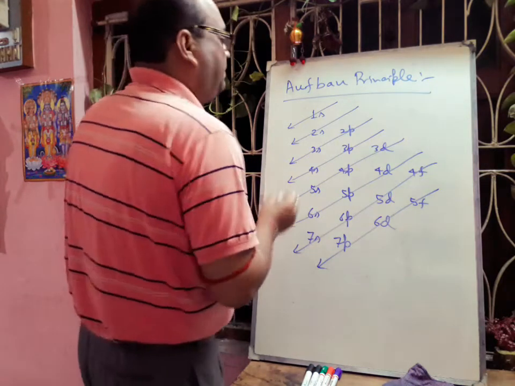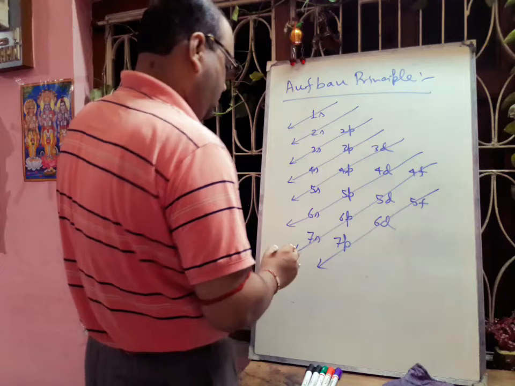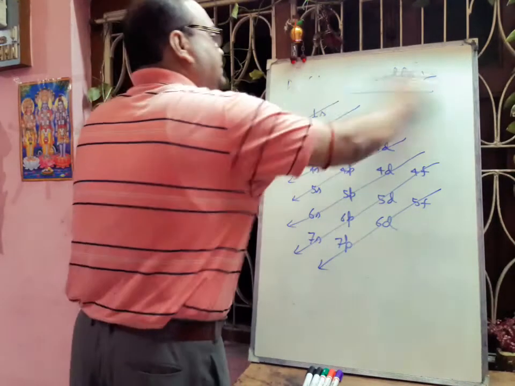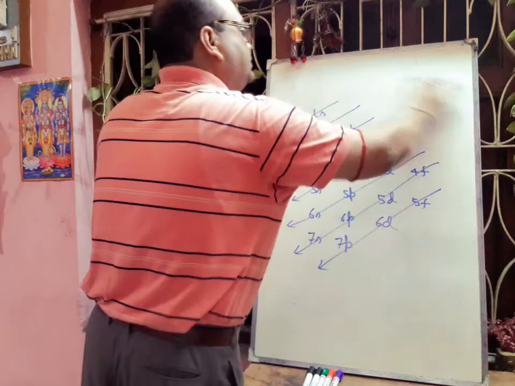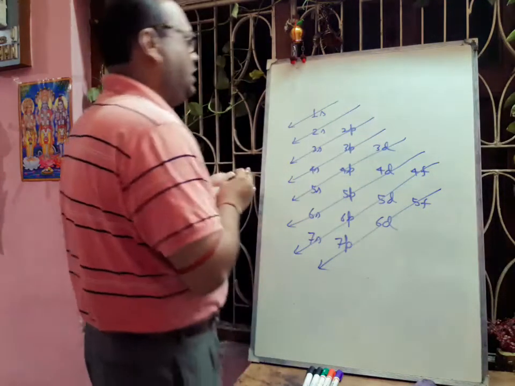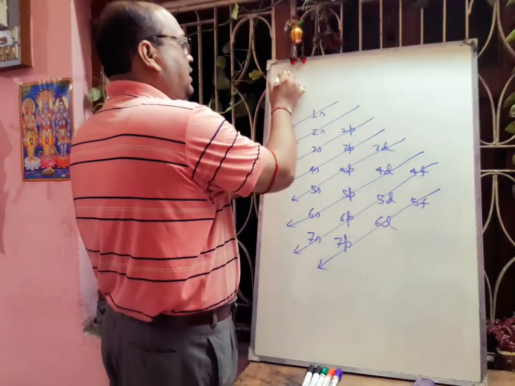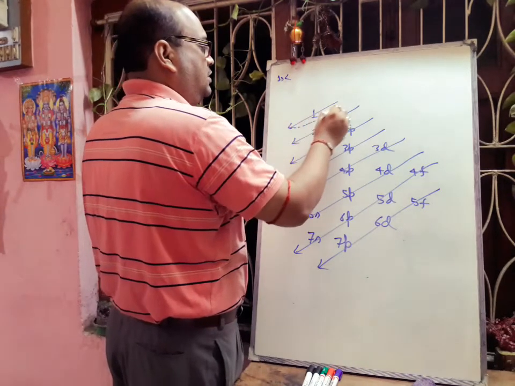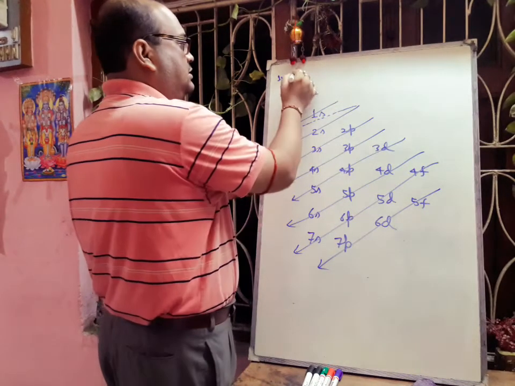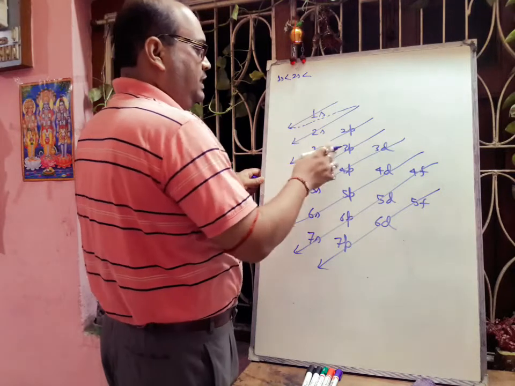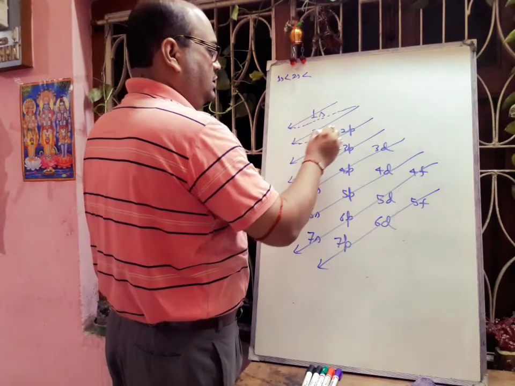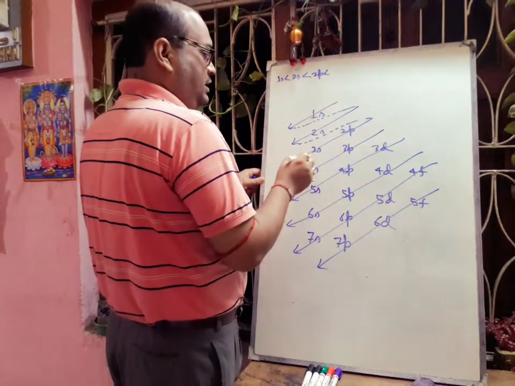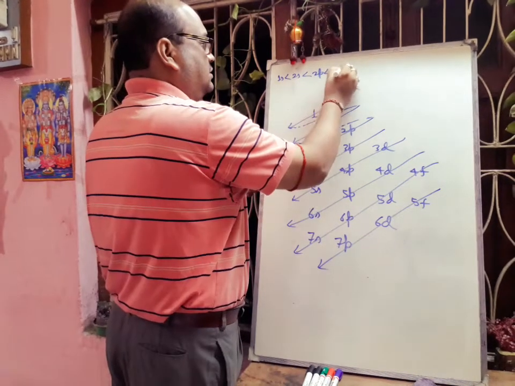So after 1s, now if we write the energy order, then the first one is the lowest energy. Then we will go back in this way. Then what is there? 2s. Then after 2s, there will be 2p. Then there is 3s.